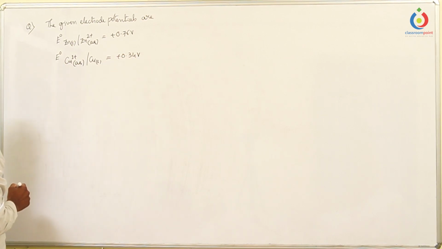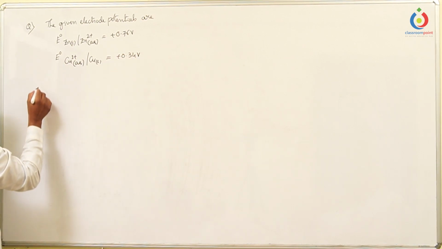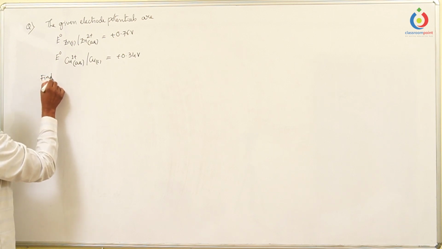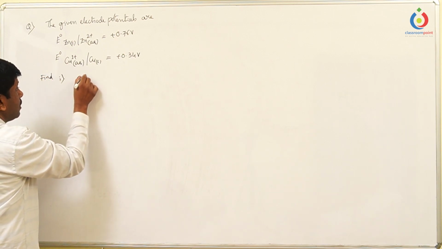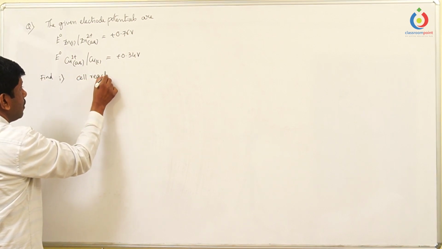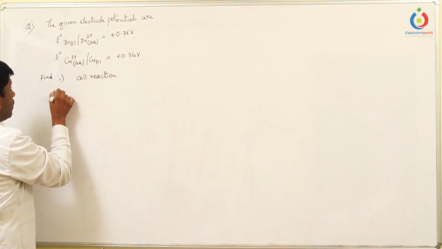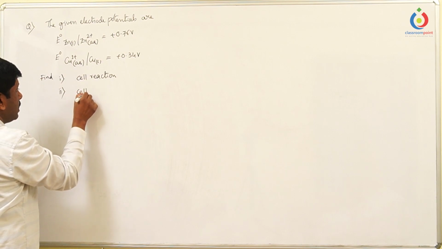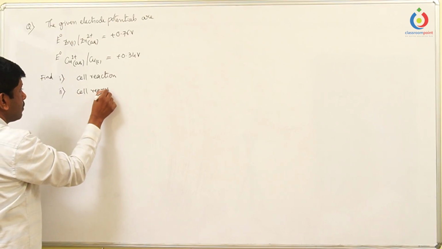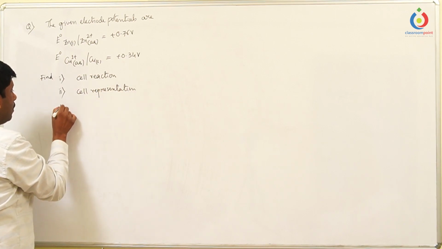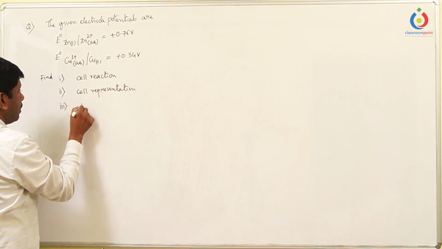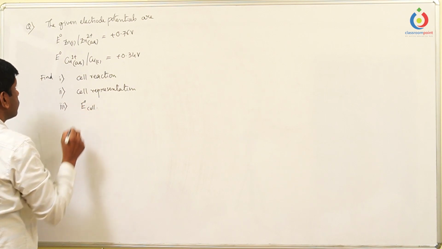Now they are asking us to find three things. First, the cell reaction has to be written. Second, the cell representation. Third, finding the E0 cell.